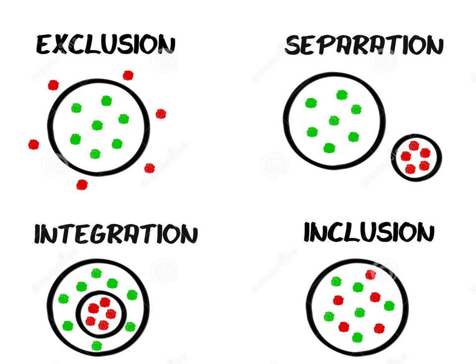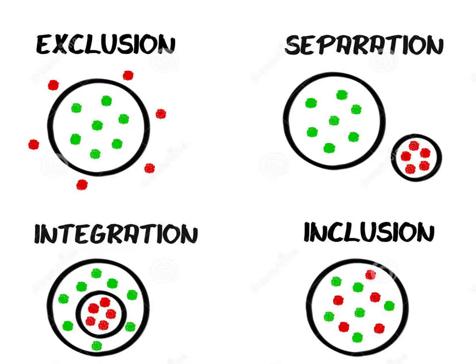There are multiple ways that we engage students with disabilities in the classroom. Many times, there's the exclusion method, where students with disabilities, shown here in the red, are excluded from mainstream classrooms, shown here in the green.